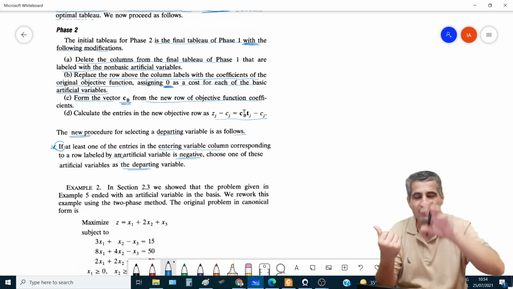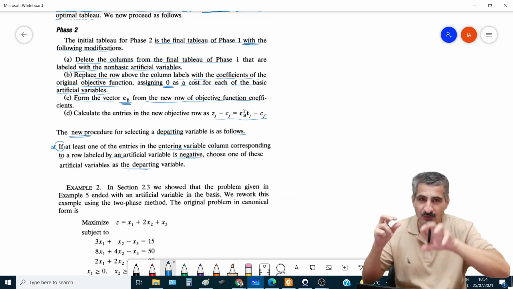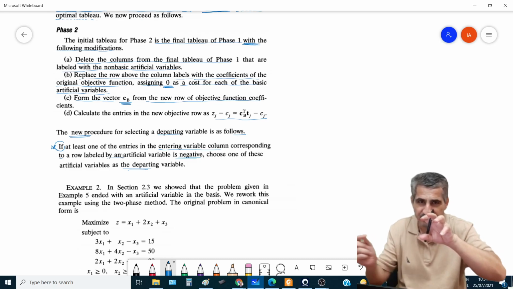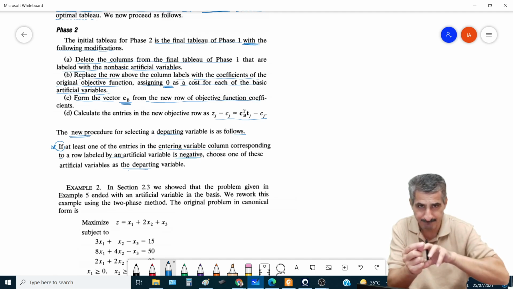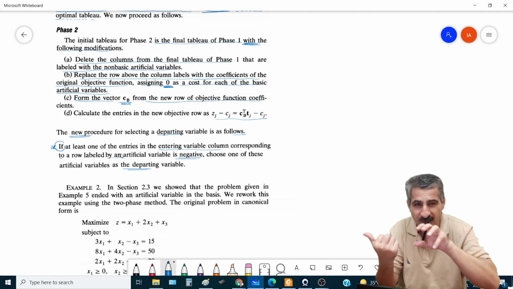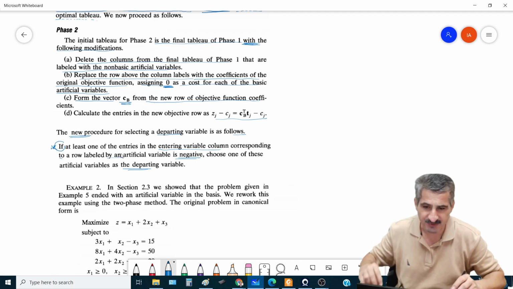So again, we already have the entering column. We go to the row of the artificial variable and see the entry in that row and in the entering column. If we find the entry is negative, then that artificial variable will be kicked out. Now, if we find such a thing.